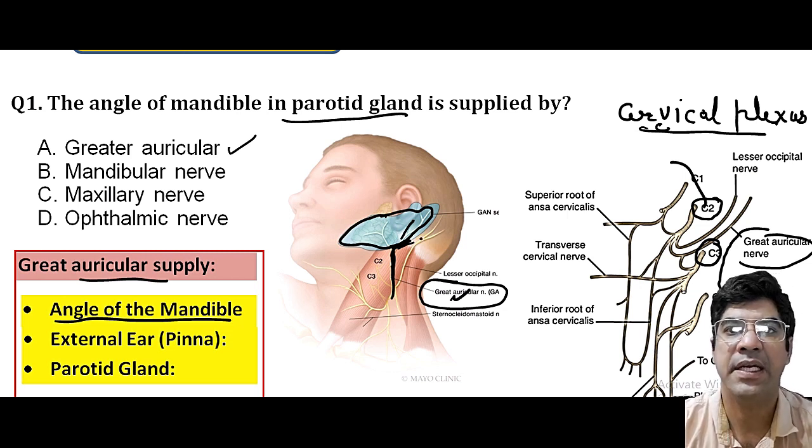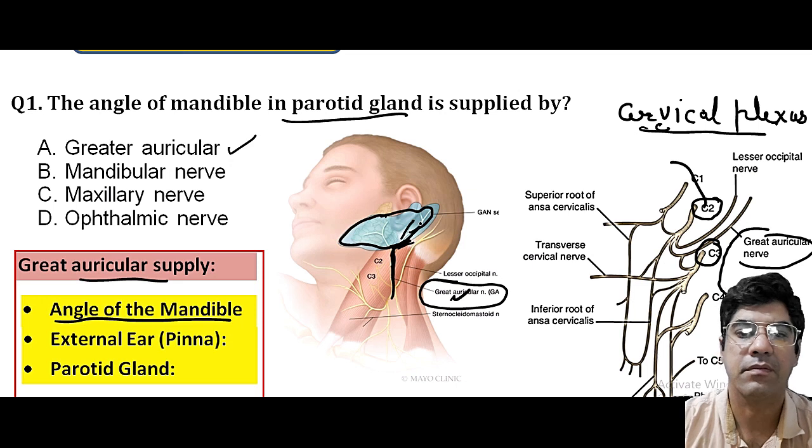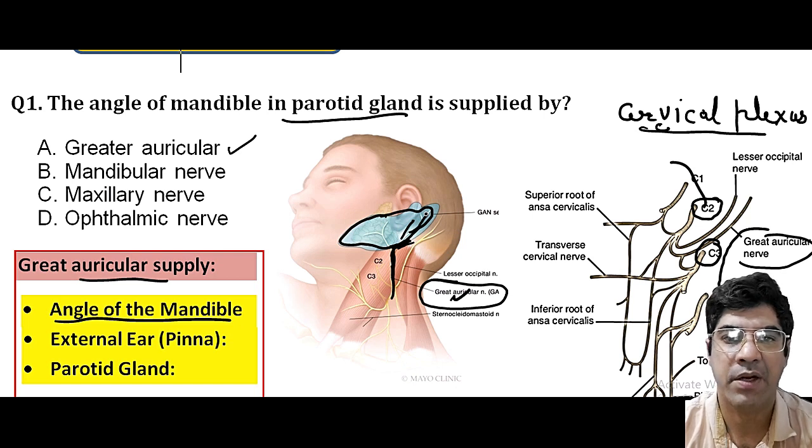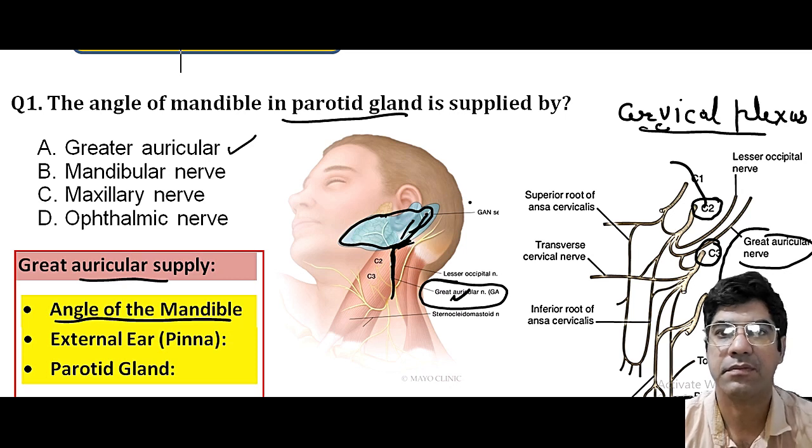Continuing its course, it reaches toward the external ear. So it sends branches to the posterior part of the auricle and skin over the mastoid process of the temporal bone. Another branch of the great auricular nerve extends toward the parotid gland, that is situated in front and below the ear.